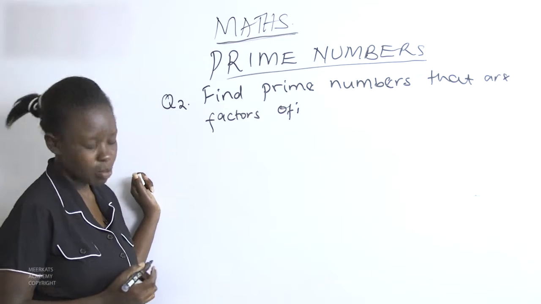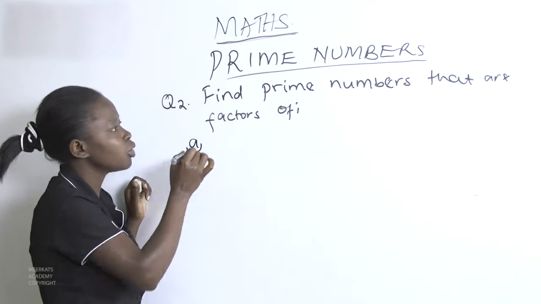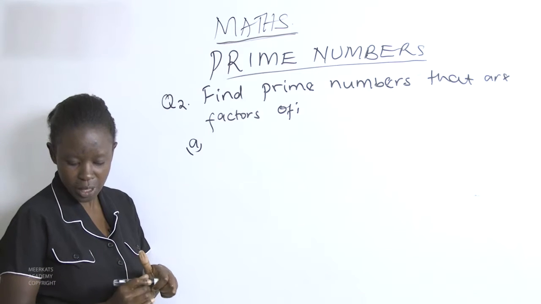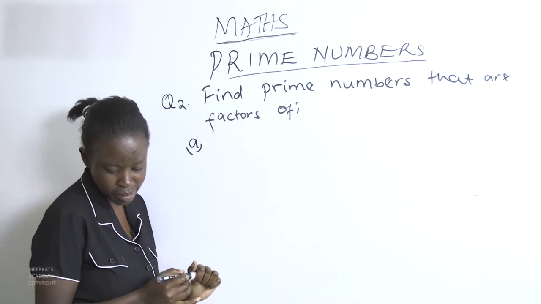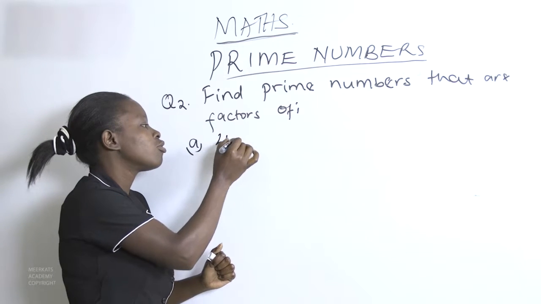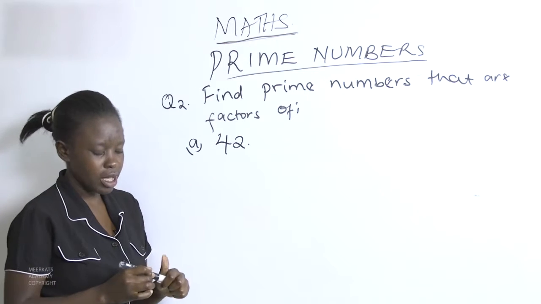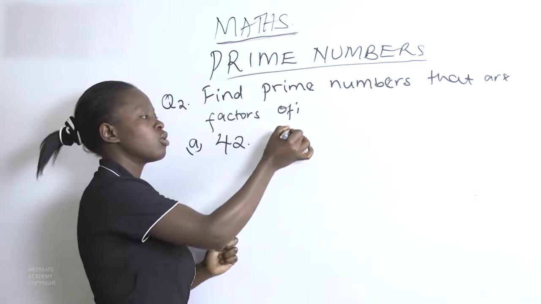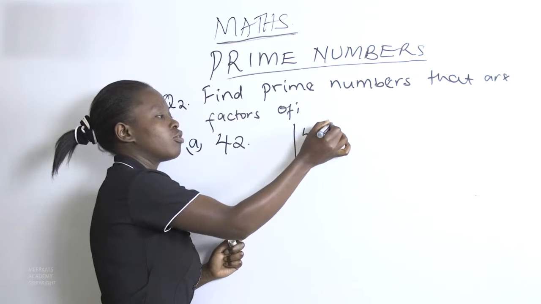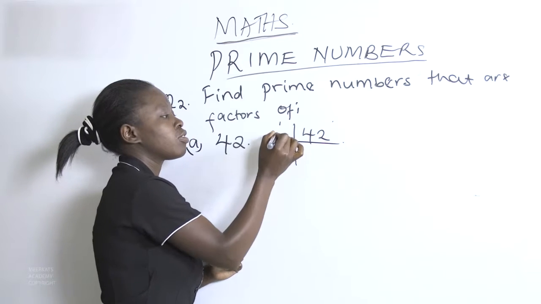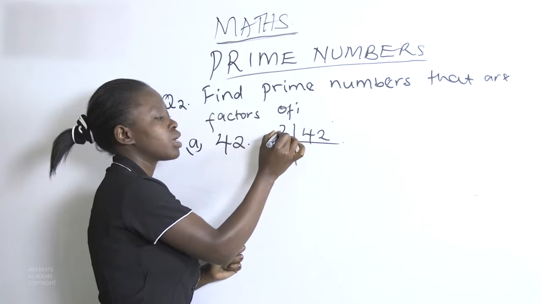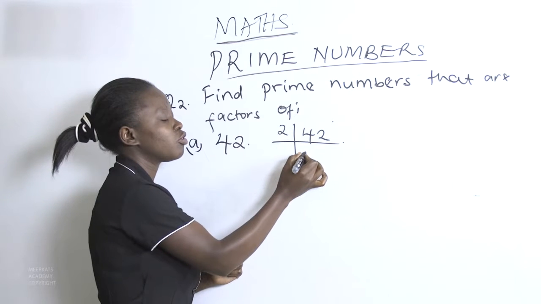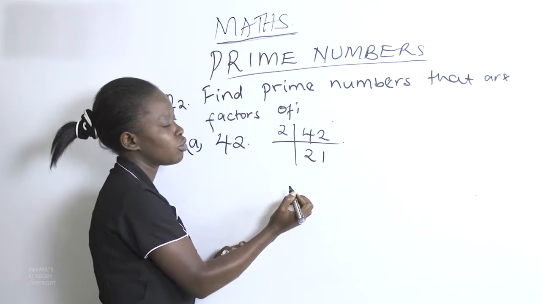So we are given a composite number in this question, and we need to find the prime numbers that are making up that composite number. An example is 42. We need to find out which prime numbers are making up 42. If we have 42 as the number, the first prime number we come across is 2. 2 into 42, we have 21.